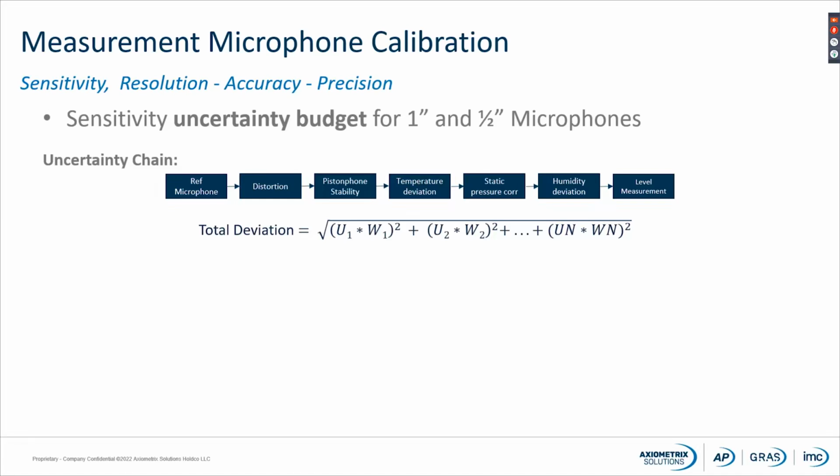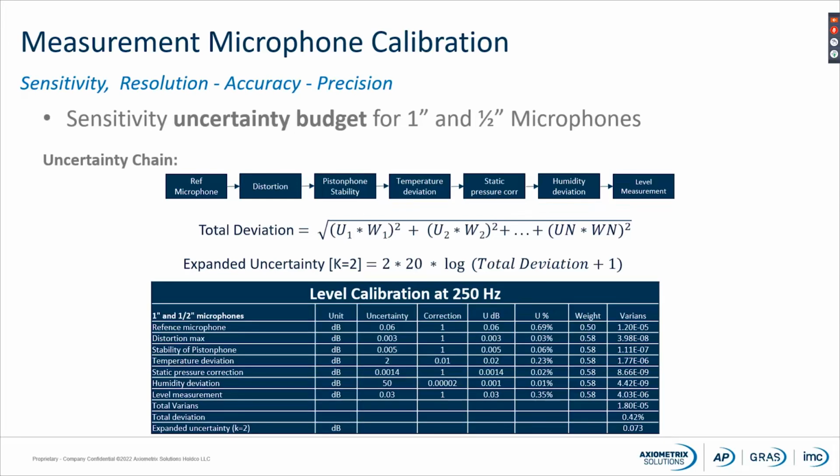If we do calculations for this, then we also have to remember the expanded uncertainty. So we have an extra factor, this is 2. And then in the end, we can actually make a table and find the total uncertainty.